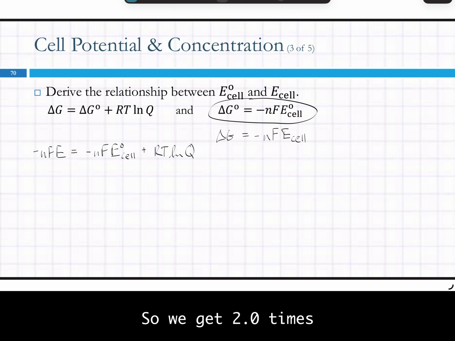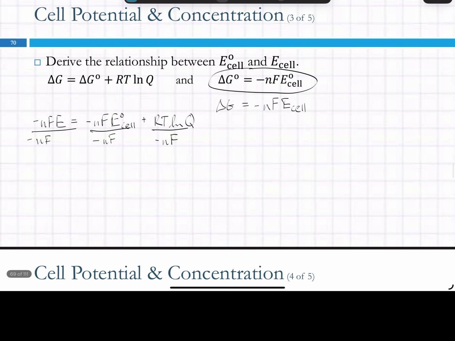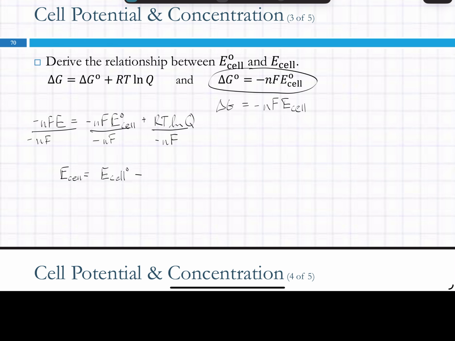So we get 2.0 times 2.0 squared over 0.01 squared times 1.0 to the 4th. So Q is 80,000.